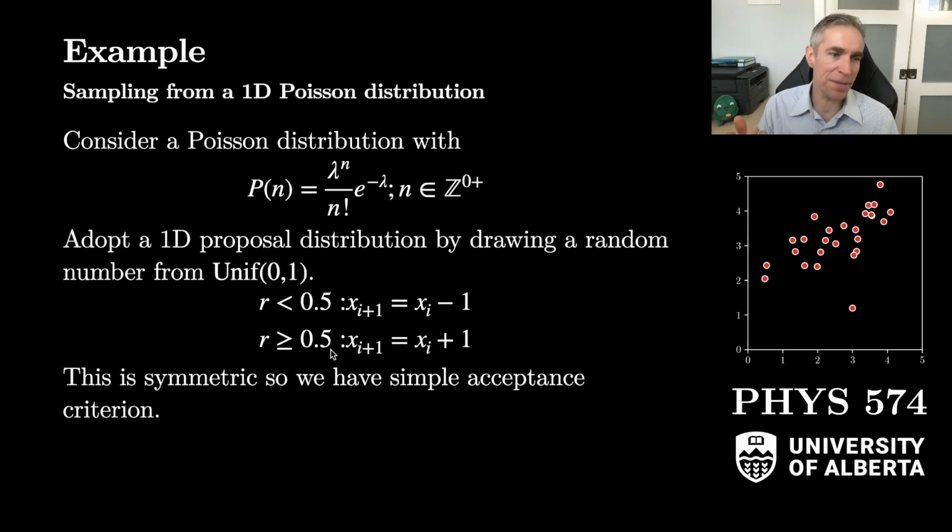It's obviously symmetric because once I am at my new step, I have an equal probability of going back to my old step. So I could simply swap the arguments here and I would get the same PDF. We will always end up with a nice, simple acceptance criterion that depends on the ratio of the probabilities.